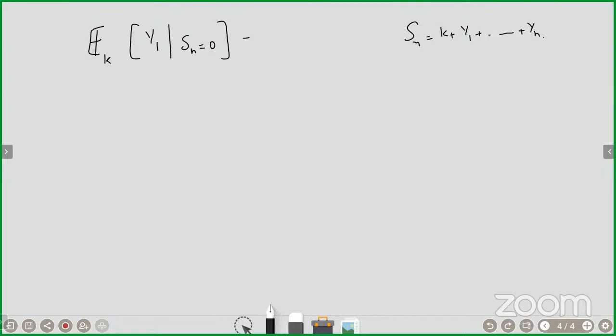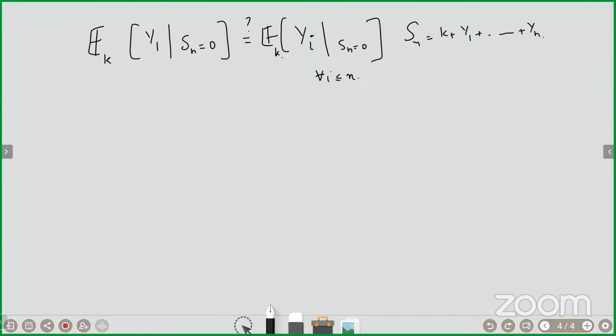Then I'm asking what is this? So suppose this is true for now. Can you actually compute this? Actually, if this is equal, you can actually compute this one. That's enough.